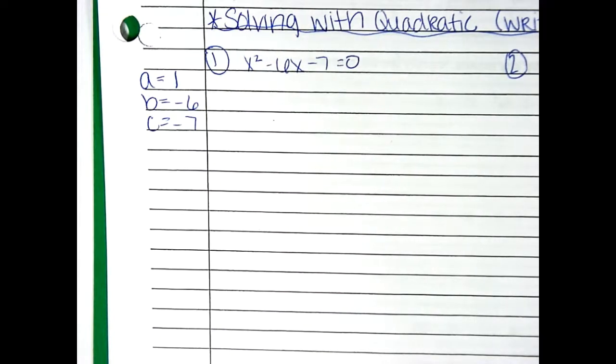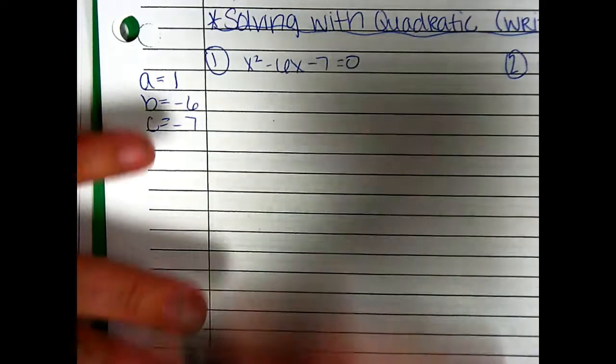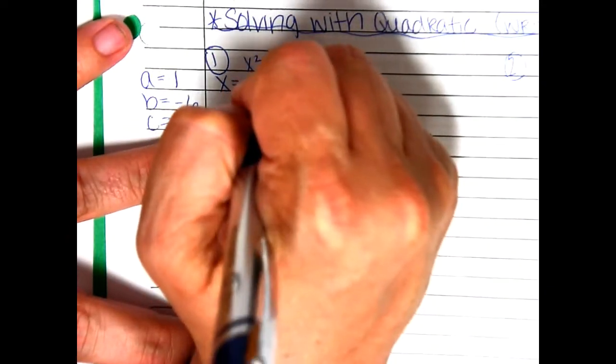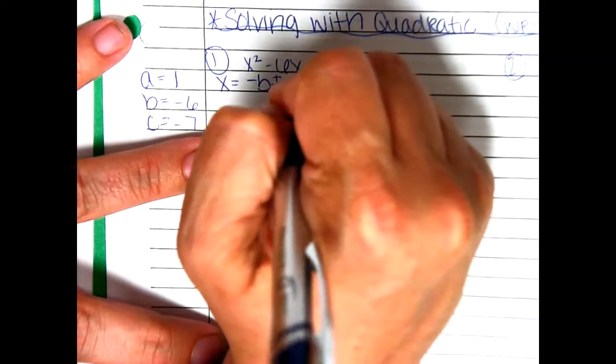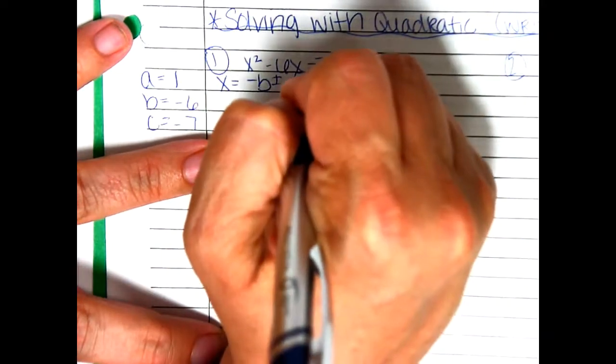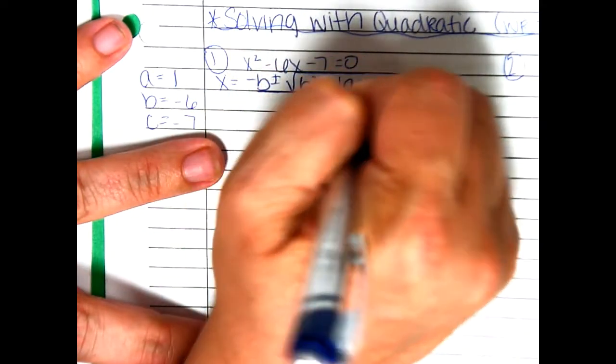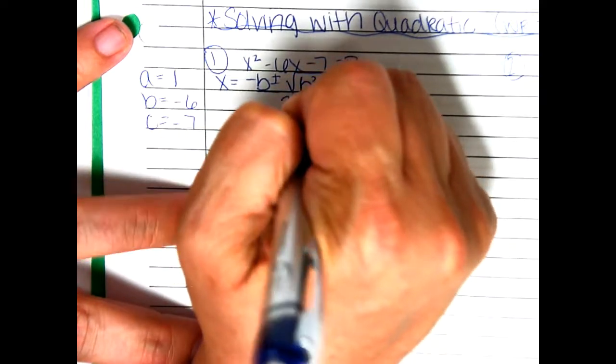For today, I would go ahead and write out the quadratic formula so that way you remember it. It helps to put it in your brain. So I'm going to say x equals negative b plus or minus the square root of b squared minus 4ac all over 2a.